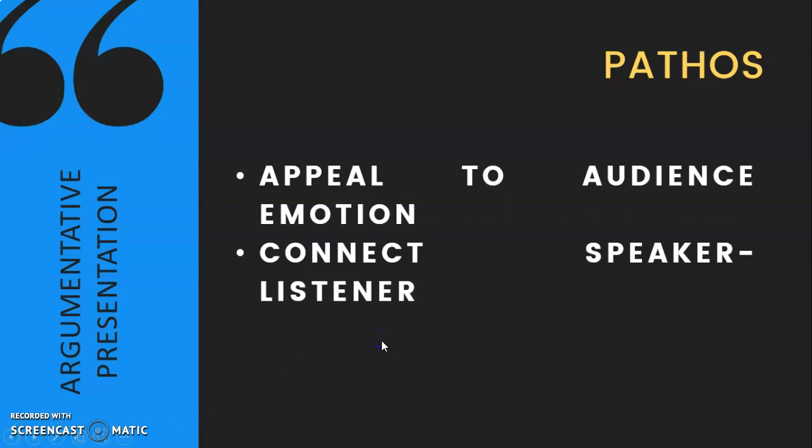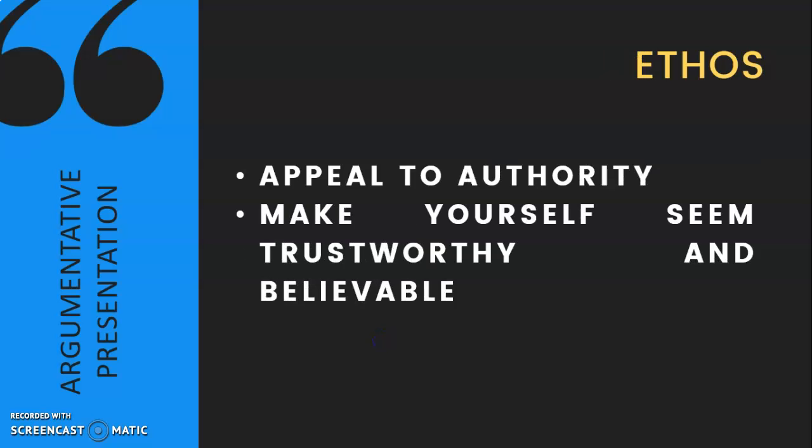And pathos, or an appeal to audience emotion, where you connect speakers and listeners. Ethos, appeal to authority. What does it mean? You have to make yourself seem trustworthy and believable. You have to make yourself have the authority to speak for the topic.